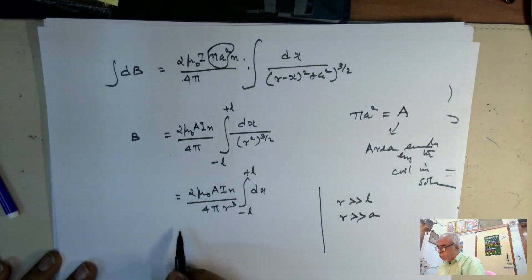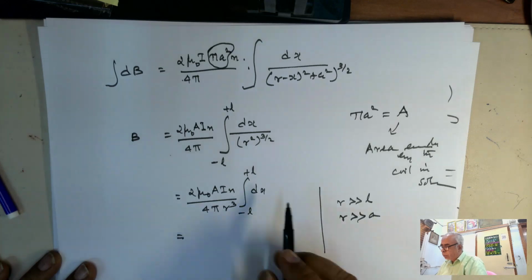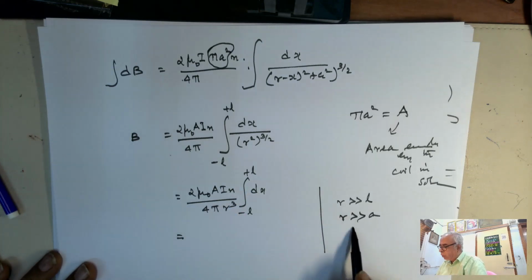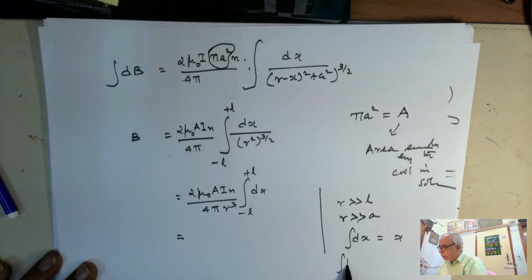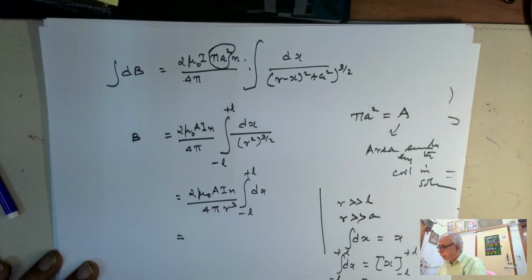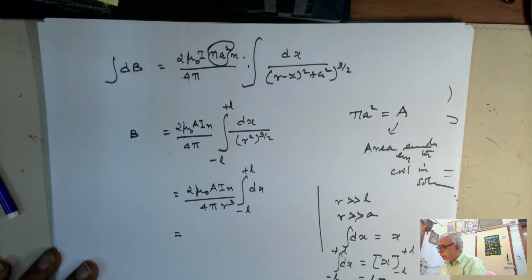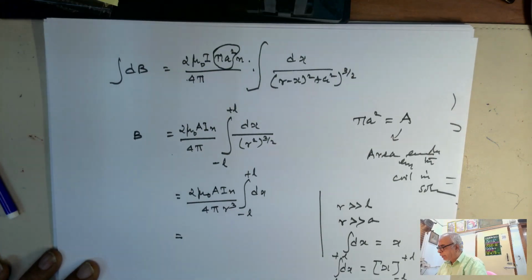Next, what we are supposed to do, that is equal to integral of dx is equal to x. So if it is between the limits minus L plus L, it means x between the limits minus L plus L. It means final minus initial. So L minus of minus L, that becomes 2L.